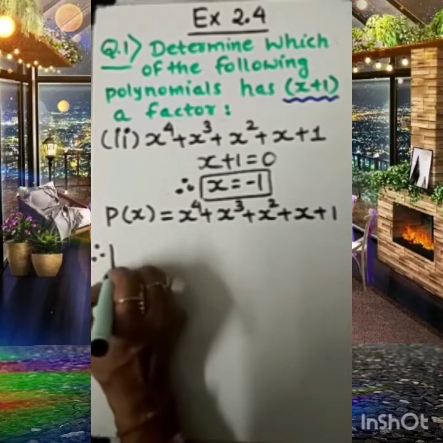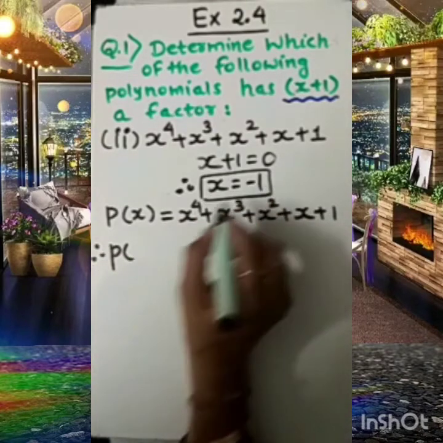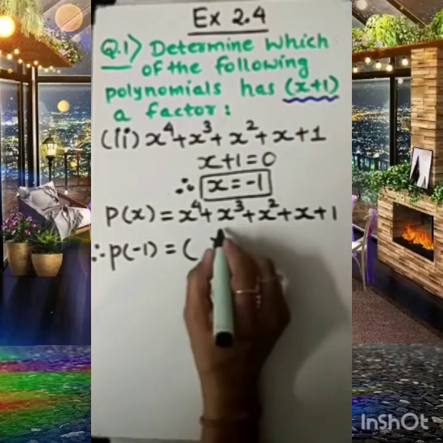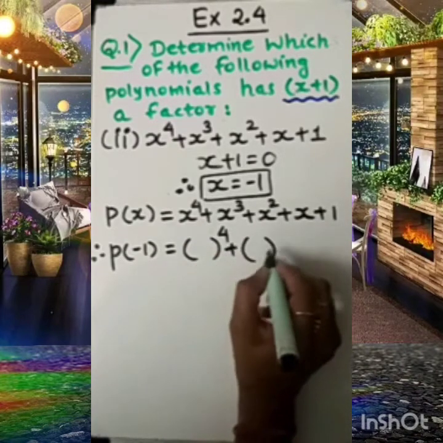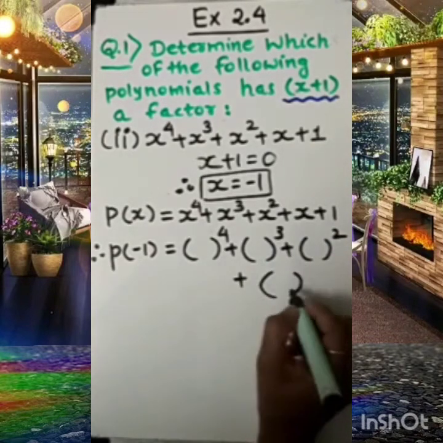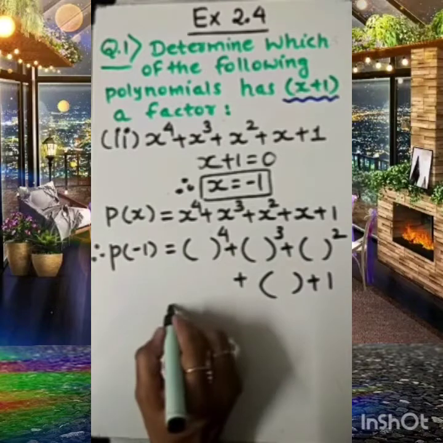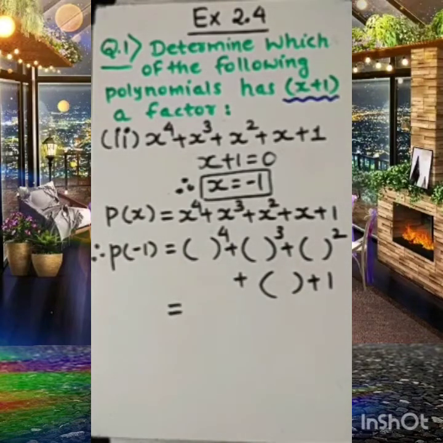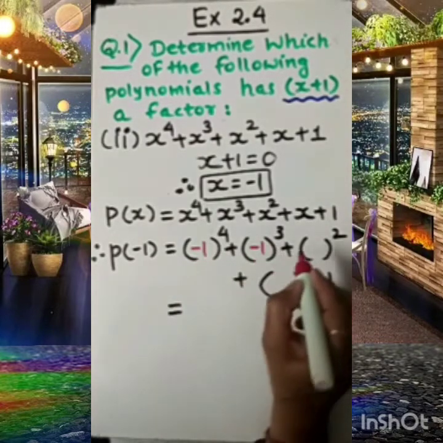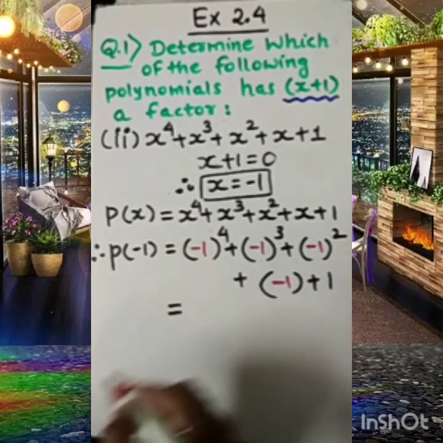In this polynomial, I am going to put the value x equal to minus 1. Fine. So here this is the power, this is cube, this is square, this is 1. Let me write it here: minus 1, minus 1, minus 1, minus 1.